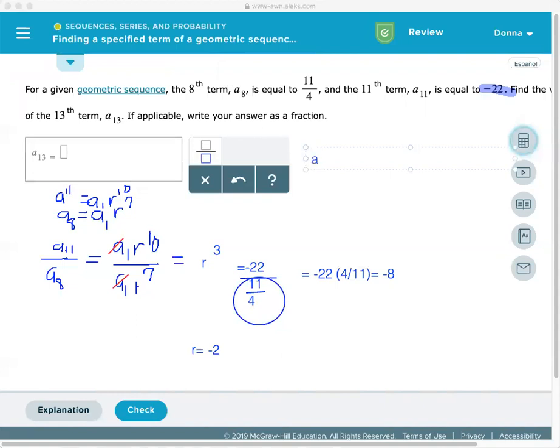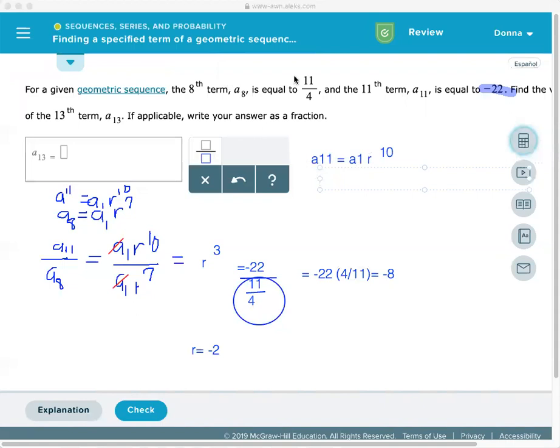I know that A11 is equal to A1 times r raised to the 10th power. And A11 is just equal to minus 22.